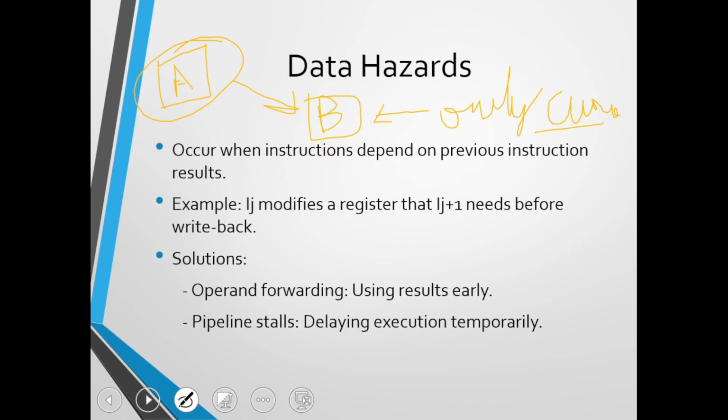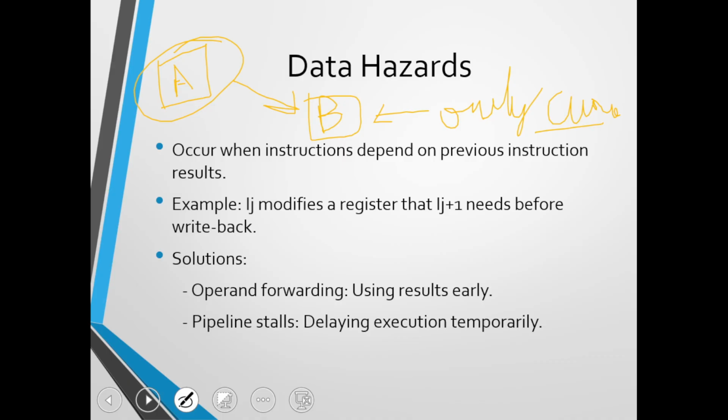If two instructions come in parallel, even though B can go to the compute stage, it depends on A. So for A to occur, we need B, and B's value must be updated. So A has to wait. This phenomenon of making it wait, pausing temporarily, is called stalling.